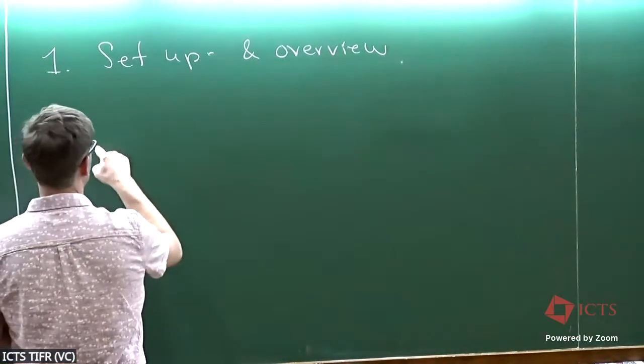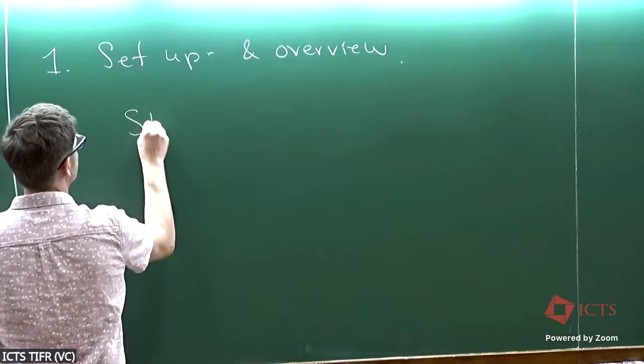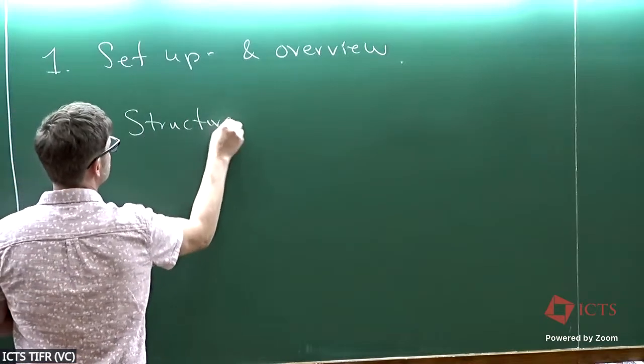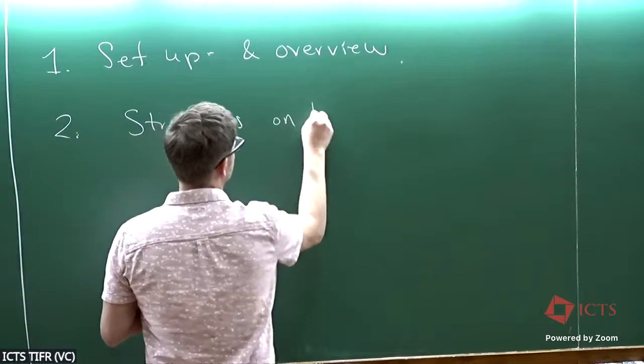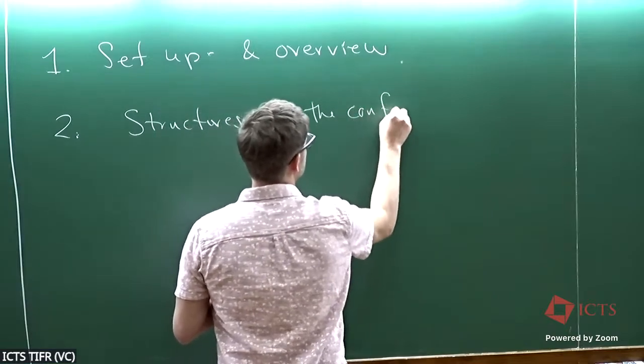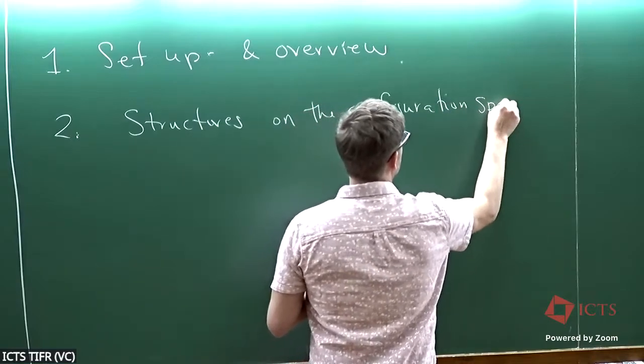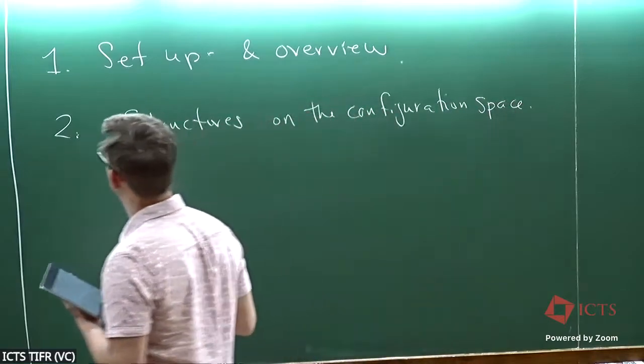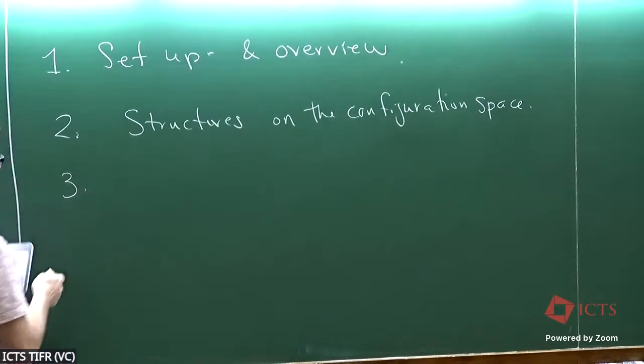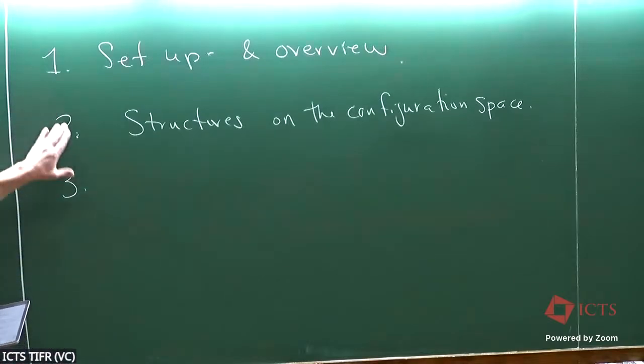And then I'm going to spend a good amount of time talking about what I'll call structures on the configuration space. This will be a lot more down to earth and lots of details.